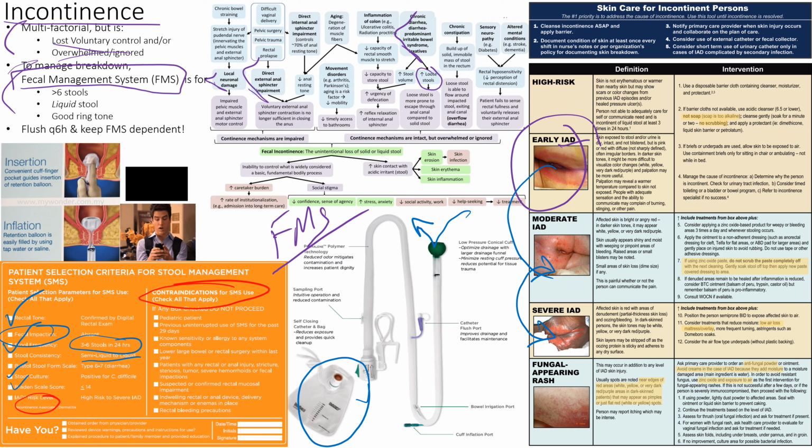But what are the contraindications? So peds, this is not good for peds. If they've had a fecal management system for 29 days already, they can't have another one for another 29 days. That's contraindicated in that case. Otherwise, they're going to have poor rectal tone afterwards. Okay, and then known sensitivity, allergy. They had rectal surgery in the last, I think it's 1 year, right? So rectal surgery within the last year is a contraindication as well.